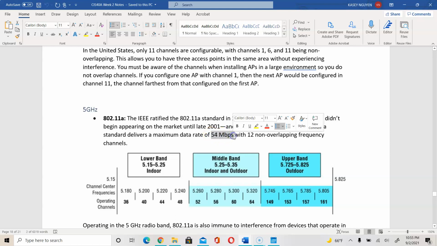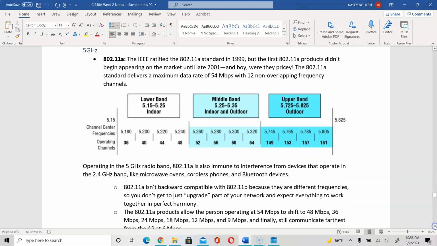The throughput for that would be 54 megabit per second, and it has 12 non-overlapping channels. So none of the channels are going to be overlapping.